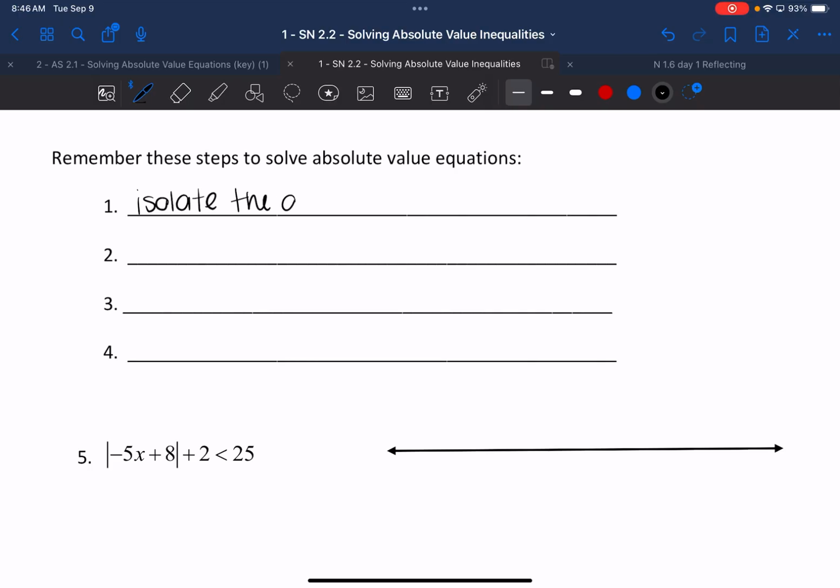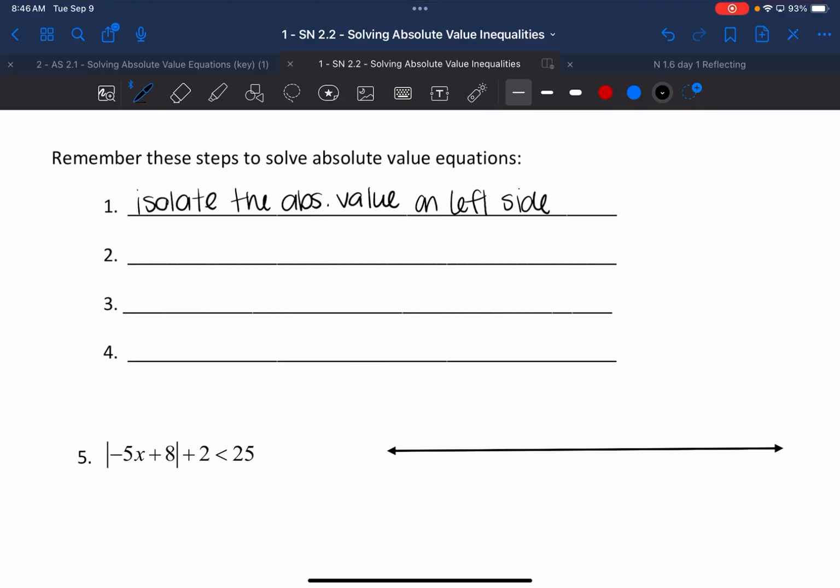Isolate the absolute value. Typically should be on the left side of the equation, right? Okay? All right, and then what was step number 2 for solving the equations? Right, so to get rid of the absolute value bars so we can make 2 equations.